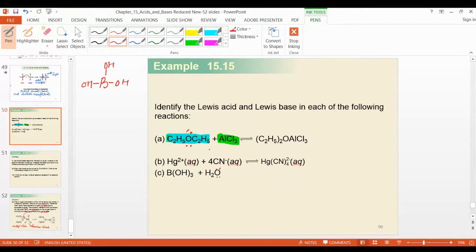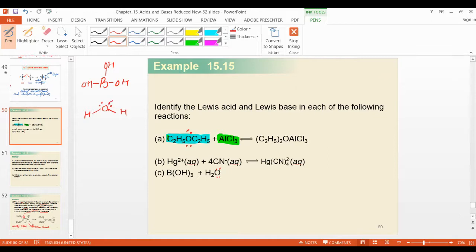If you remember chapter 10, the geometry of the water molecule is bent because of these 2 lone pairs of electrons. Otherwise, the general arrangement is tetrahedral, but this is a bent structure. So we can write this bent structure like this. Either you show it like this or up and down, no problem.